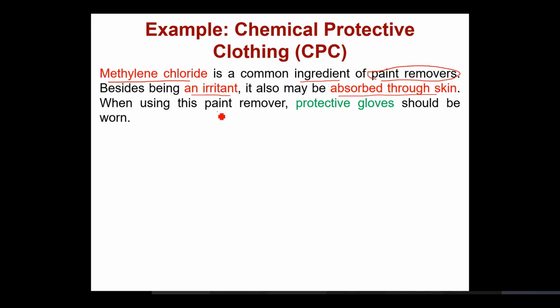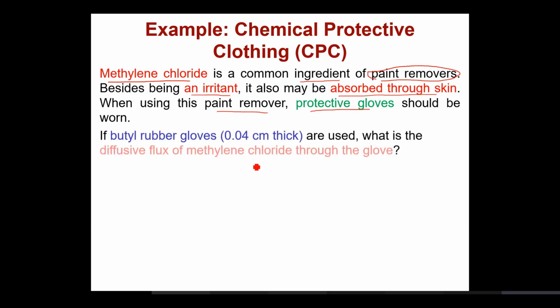So, when using a paint remover, protective gloves should be used. And it further says that if butyl rubber gloves, the stretchable gloves that you use, are used having a thickness of 0.04 centimeter, what would be the diffusive flux of methylene chloride through the glove?